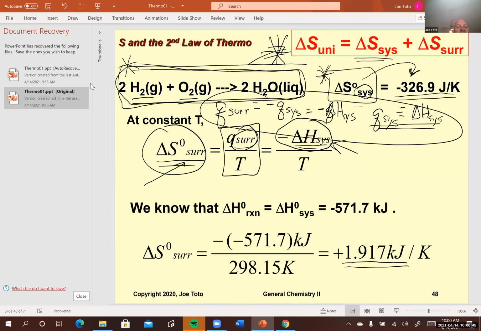So remember, entropy is this idea or this quality of the spreading out of energy and or particles. So look at this. Are the particles here on this side of the equation, the reactant side, more spread out than on the right?